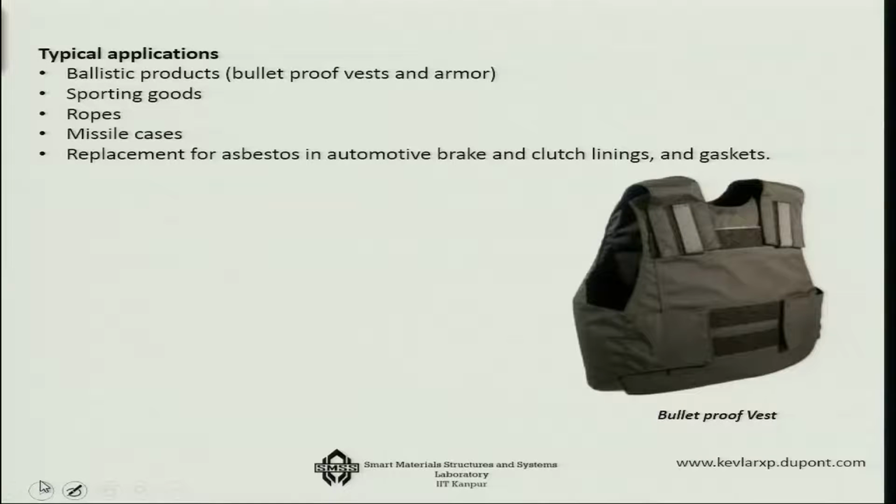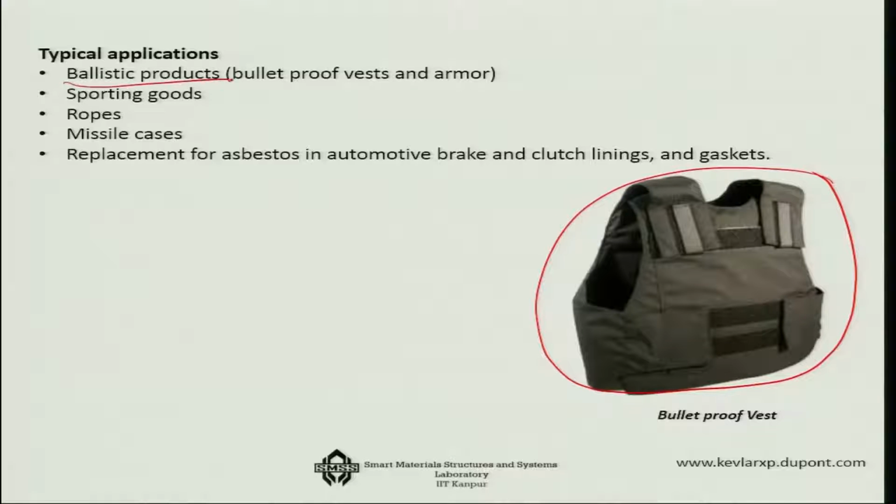Typical applications: one of the most important applications today is for BPJs, or in other words bulletproof jackets or vests. Because of its light weight but high shock absorption capability, it is used in ballistic products.